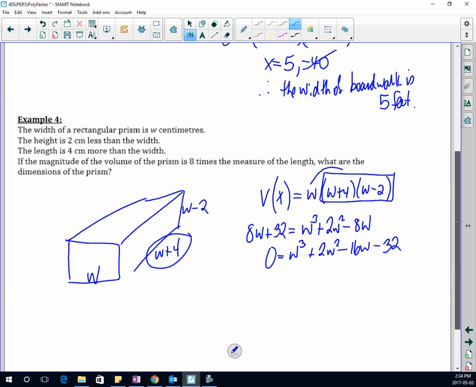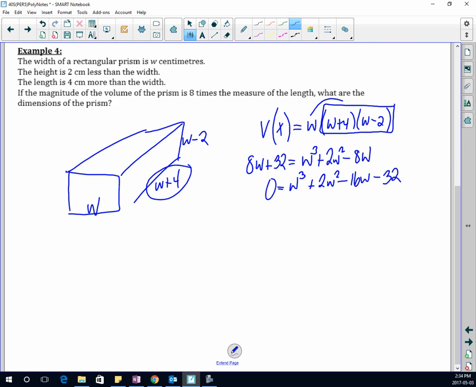Is there a restriction in my W? Has to be greater than 2. Very good. Any questions on why it has to be greater than 2? My height would not be legit. That's right. Well, look at the dimensions.